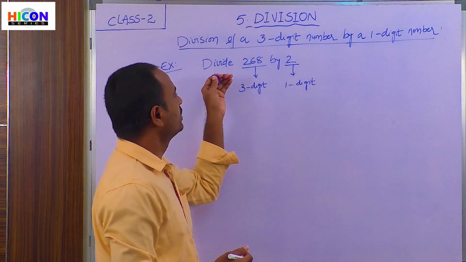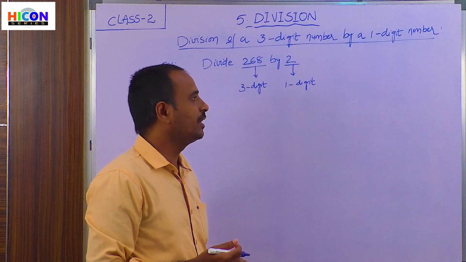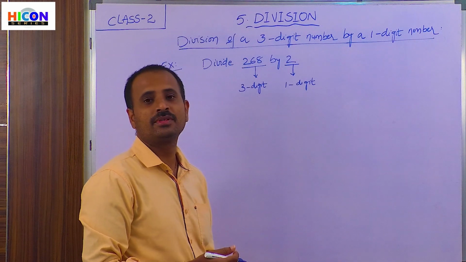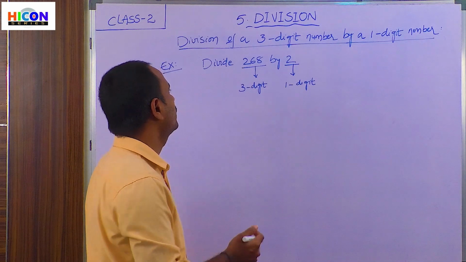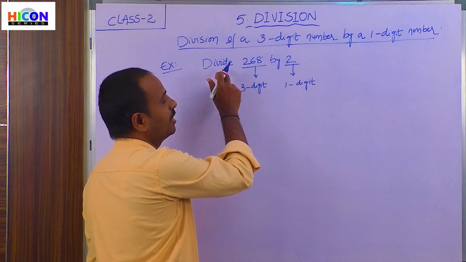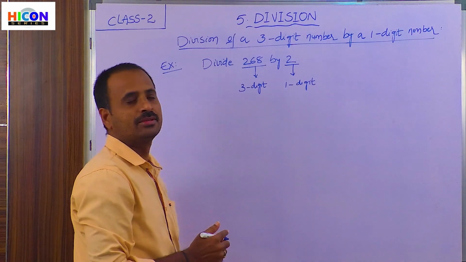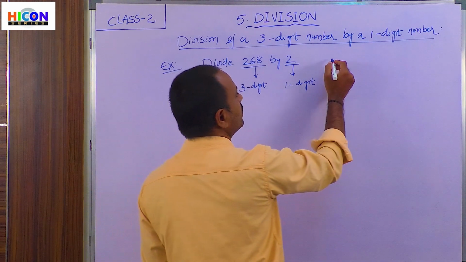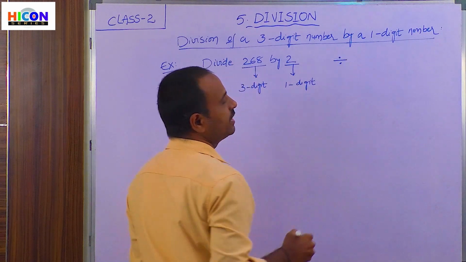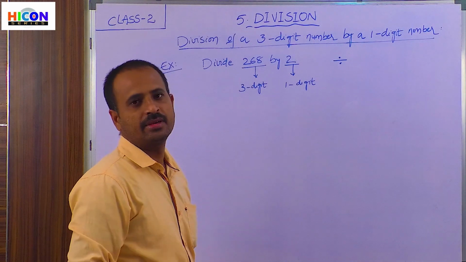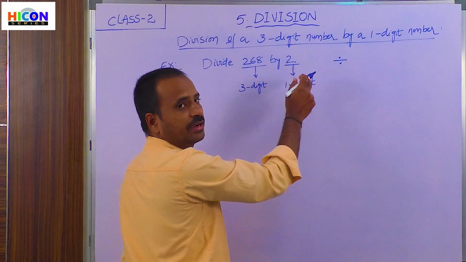First convert this sentence into division. How can you convert? We have learned already in the previous problems how to convert this sentence into division. We can rewrite this sentence by using the symbol divided by.